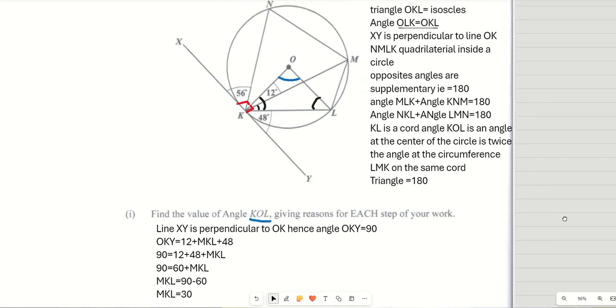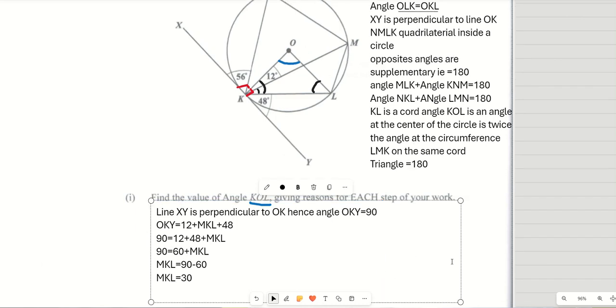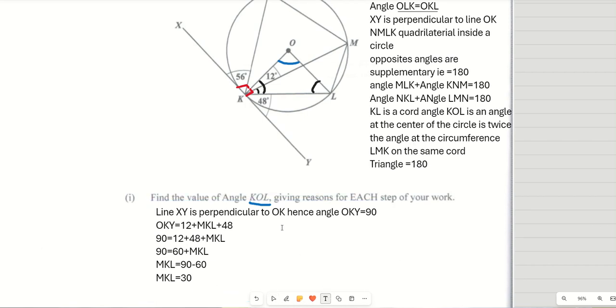Alright, now that we have figured out that this little region here is 30, we can now say that angle OKL is equal to 12 plus 30. So angle OKL is equal to 42.